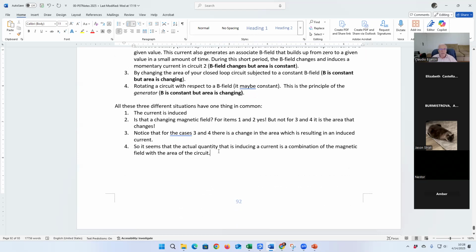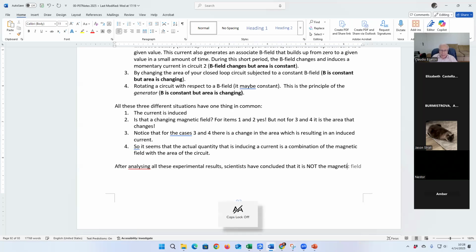Okay, so after thinking very closely, very hard, right? Scientists came up with the conclusion after analyzing all these experimental results. Scientists have concluded that it is not the magnetic field or the area of the circuit that is the main culprit, right?